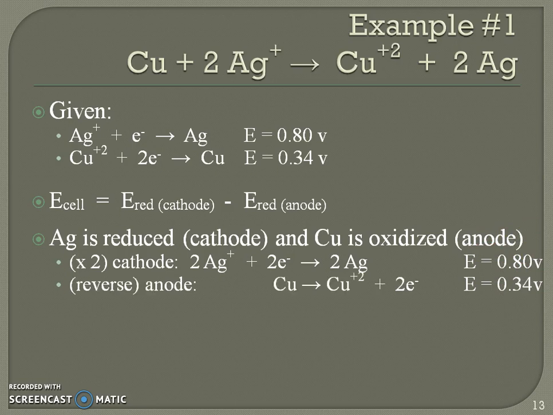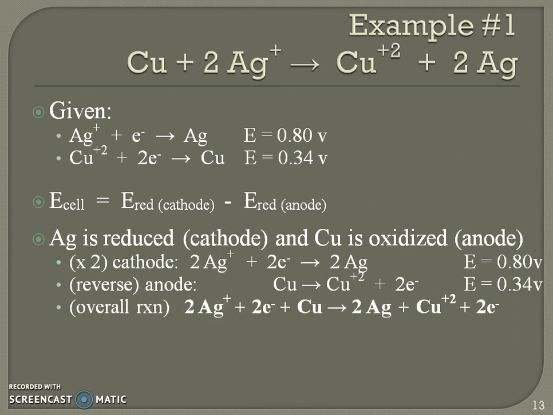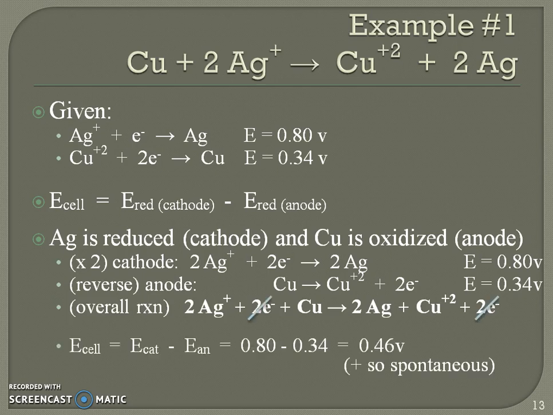And the copper is going to be flipped. So we're going to flip our anode, or our oxidation reaction, because again, we need to cancel out those electrons. Now this time, I kept that E value the same because I'm going to use cathode minus anode. So for our overall reaction, we add everything up on the left, add everything up on the right, and we can cancel out those electrons.